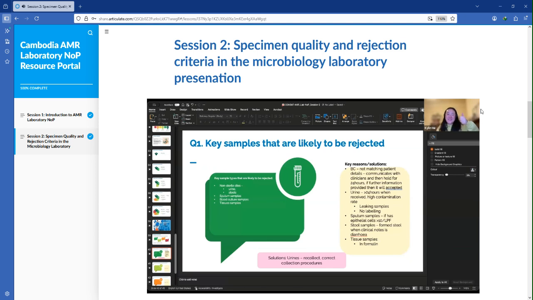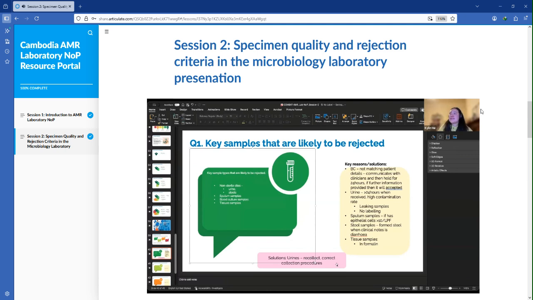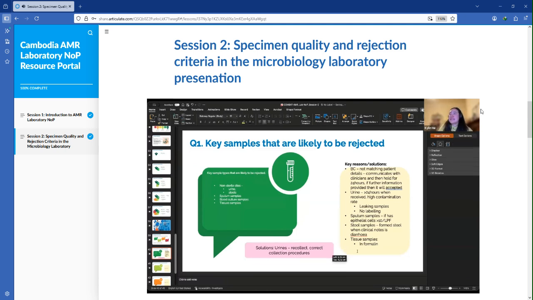Give me a thumbs up if yes, and a thumbs down if no. Yep, Ratha thinks so, Sana thinks so. Okay, so everyone's on the same page that sometimes these things will happen, but how can we fix this? That is the key thing. So let's come back to the solutions part. It's good that communication is happening across some laboratories to do recollections and give them some hints and tips as well.